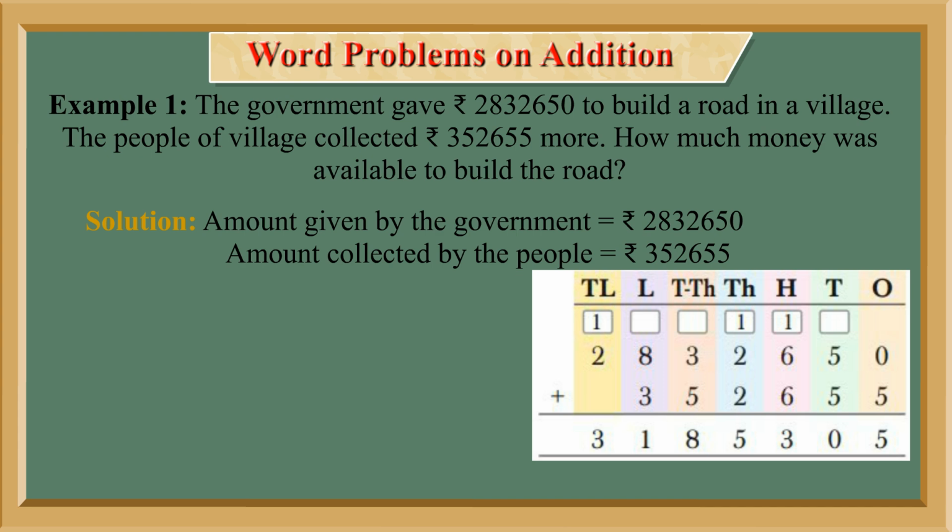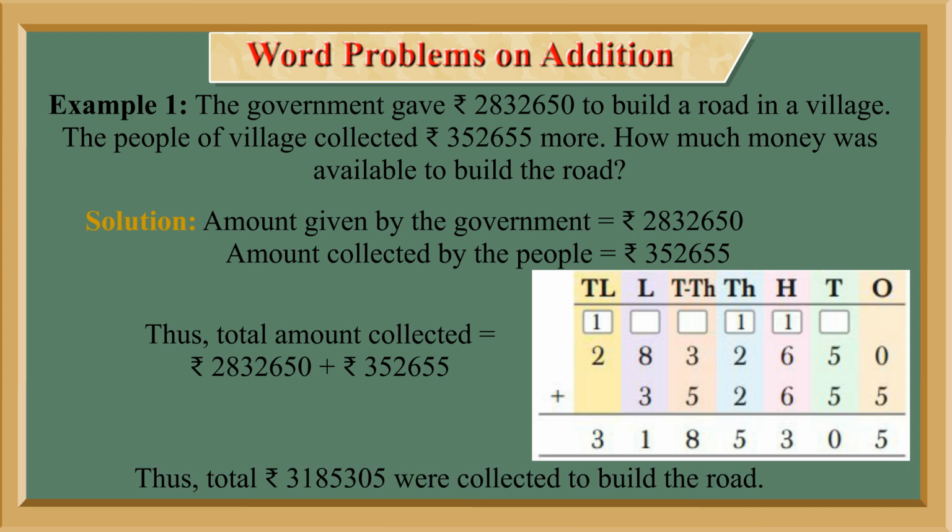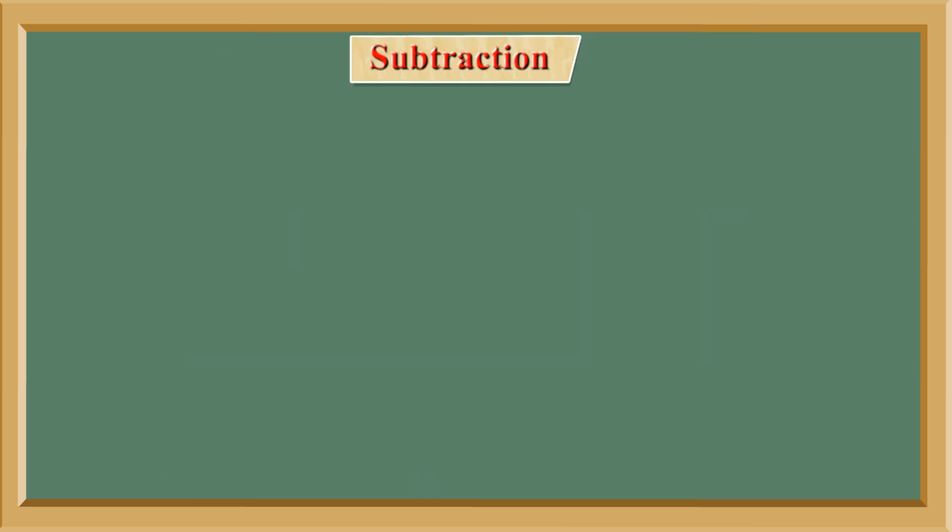Amount collected by the people is equal to 3,52,655 rupees. Thus, total amount is equal to 28,32,650 rupees plus 3,52,655 rupees. Thus, total 31,85,305 rupees were collected to build the road.